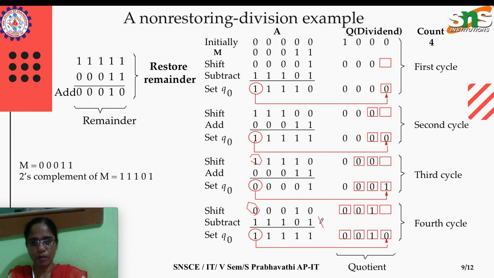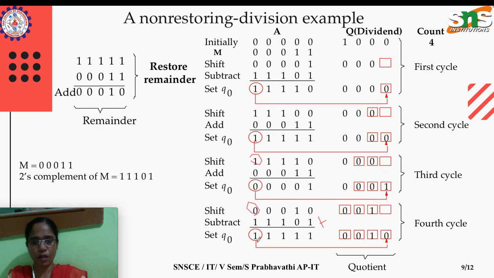Then you perform addition, since this number is the 2's complement, 1 1 1 1 1. Then after a subtraction or addition at each cycle, you need to check the MSB of the accumulator.